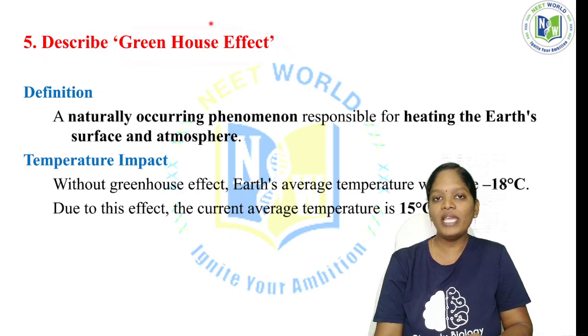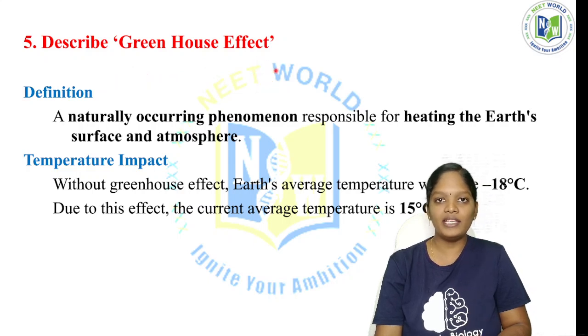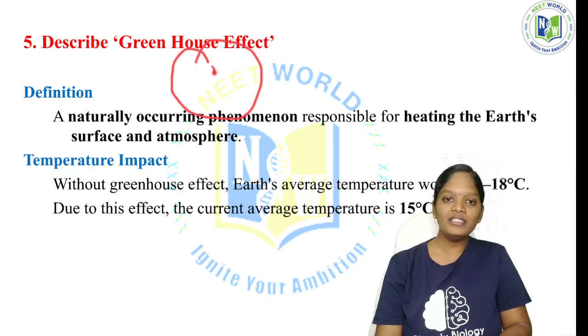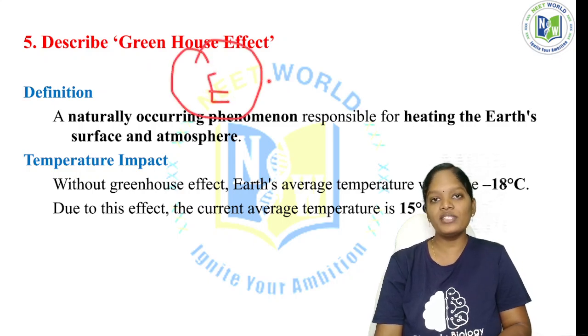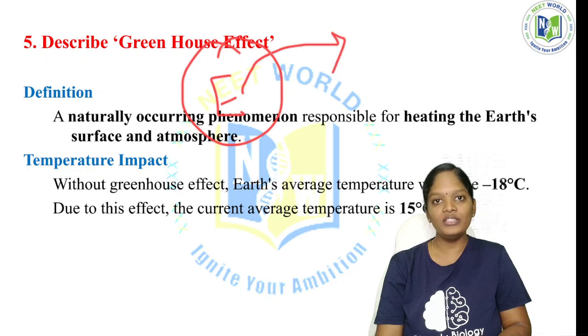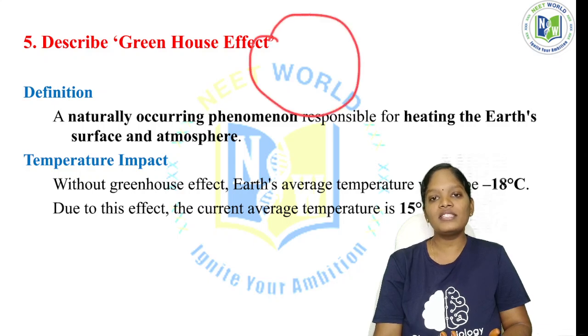But what happens in reality? The sun is giving the rays to the earth and it is mandatory. That is what we call incoming solar radiation, insolation. Instead of sending all the rays back from the earth, the earth's surface does not allow all the rays out.